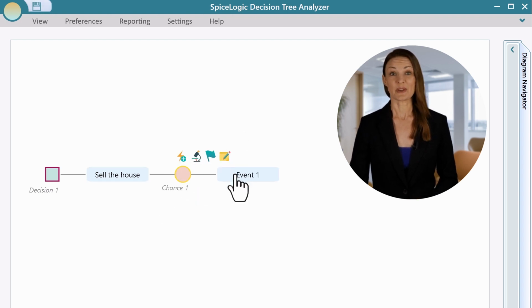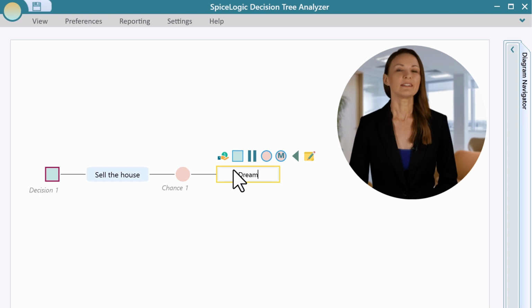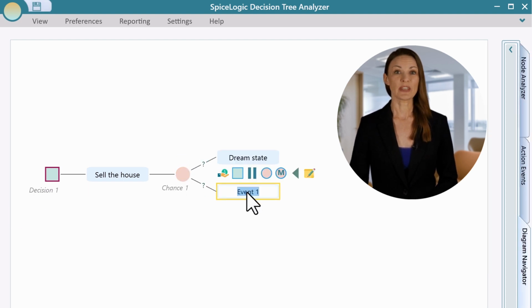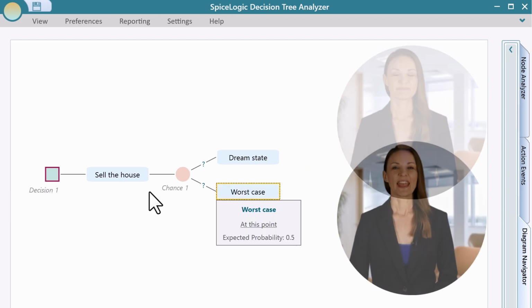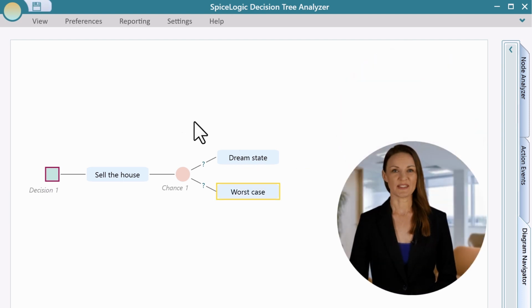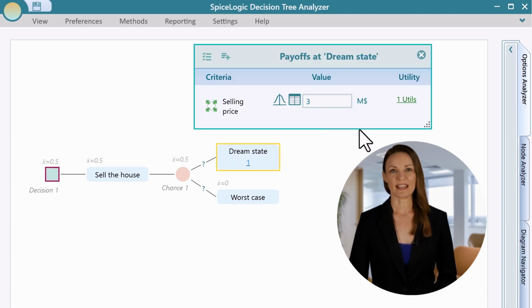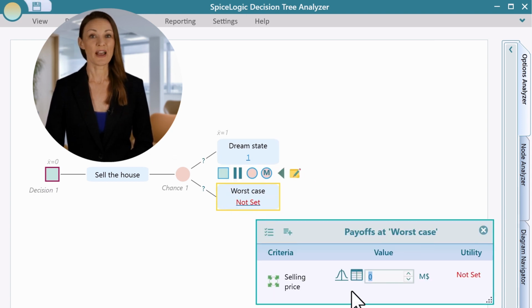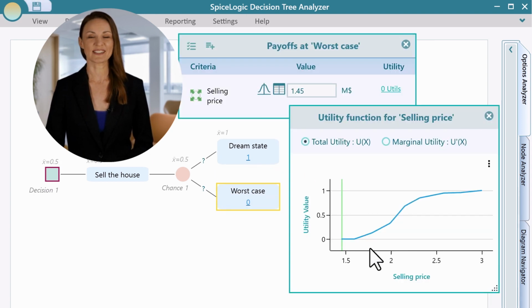That is your dream state. Name it a dream state. Then create another event that represents the worst case, where you had to wait 6 months and then you sold the house with a minimum price of $1.5 million. Now set payoffs to these events. For the dream state, the payoff is $3 million. In the worst case, you will have $1.45 million after the running costs.